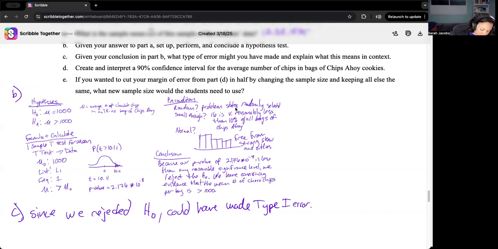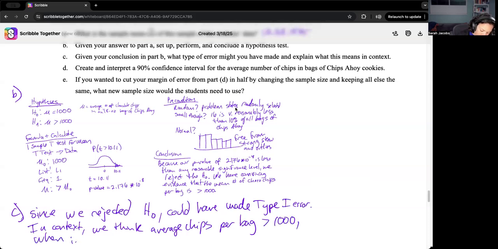What this means in context: we think the average chips per bag is greater than 1,000, when in fact it is not.